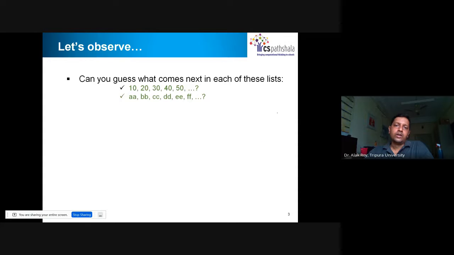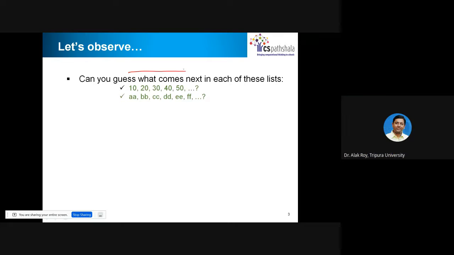A student can see that there is a difference of 10 between two numbers, so easily your class 4 students can answer that it is 60. Or maybe with words, the next after AA, BB, CC, DD, E, FF, the pattern is G.